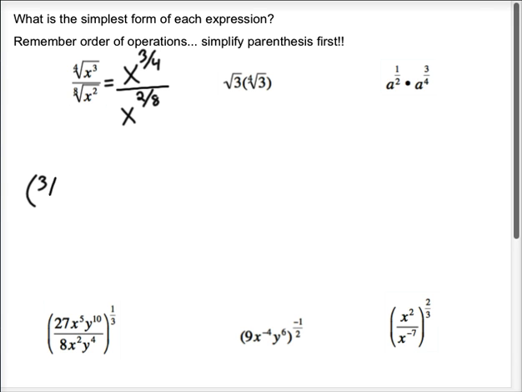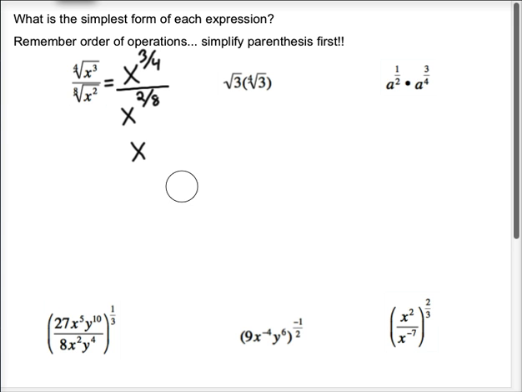You need to subtract those two fractions, type in 3/4 in parentheses minus 2/8 in parentheses. The calculator will tell you 0.5. So 0.5 is our new exponent.